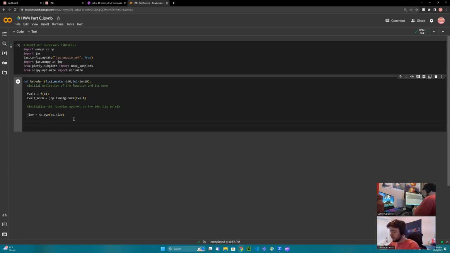Okay, so now we're going to do the main iteration loop for this function.